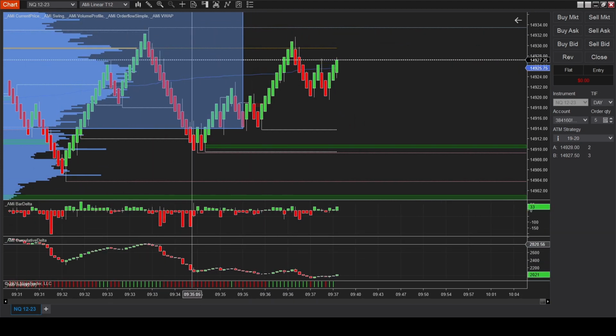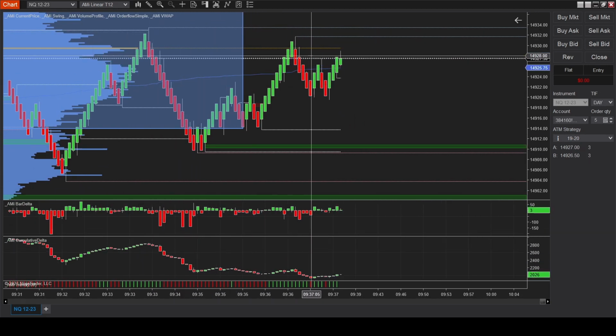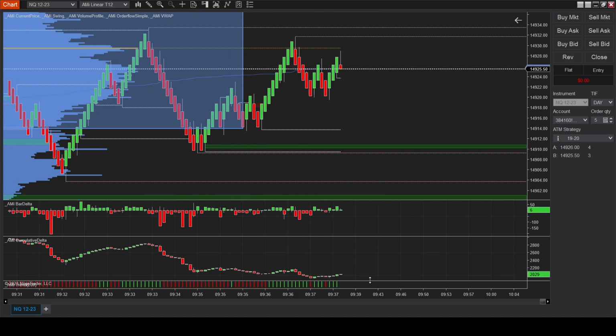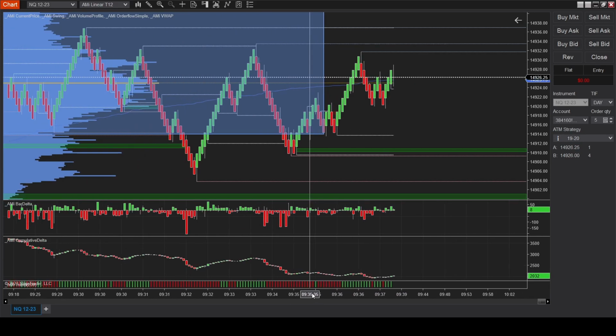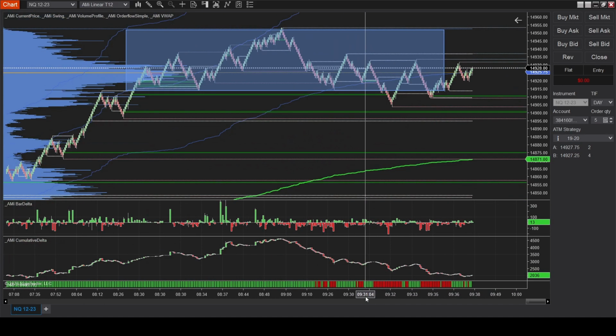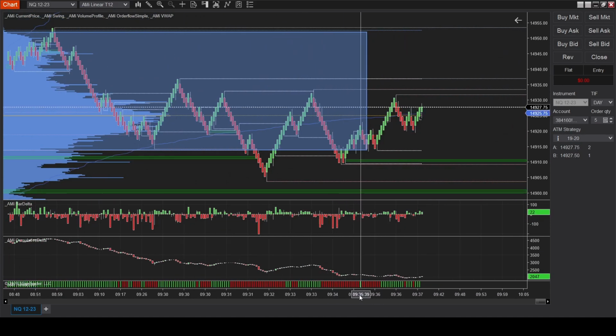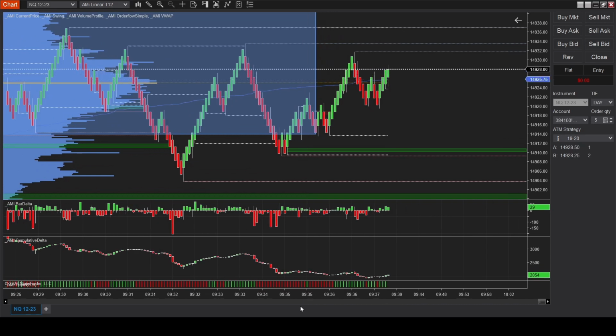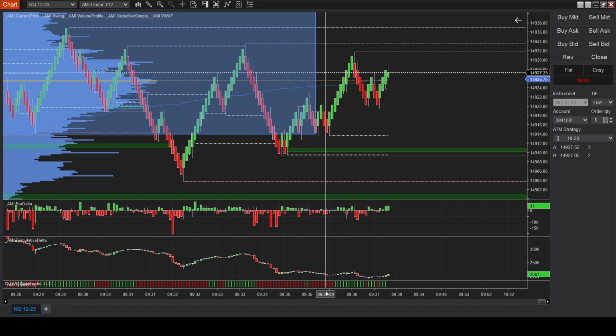Somewhat of a high divergence here. Price kind of went up, but delta is pretty much pushing down. We have conflicting signals. This is somewhere where you might want to be a little patient.